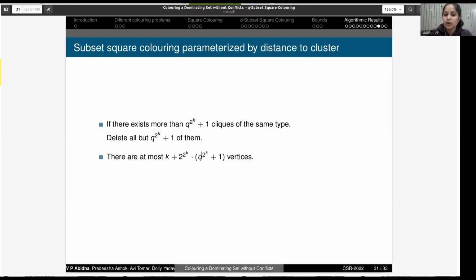It's 2 power k into q power 2 power k plus 1. So there will be at most k plus 2 power k into q power 2 power k plus 1 vertices. Now we have bounded the number of vertices in this graph by a function of k. So we can say that Q subset square coloring parameterized by distance to cluster is FPT.